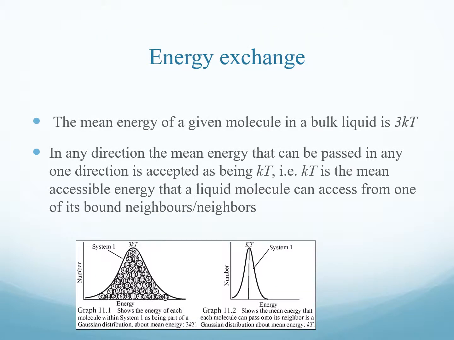In the previous slide we discussed that the mean energy of each molecule in a bulk liquid is 3 kT, that is, 3 halves kT plus 3 halves kT for kinetic and potential. So in any direction, the mean energy that can be passed is accepted as being kT, the mean accessible energy that a liquid molecule can access from one of its bound neighboring molecules.